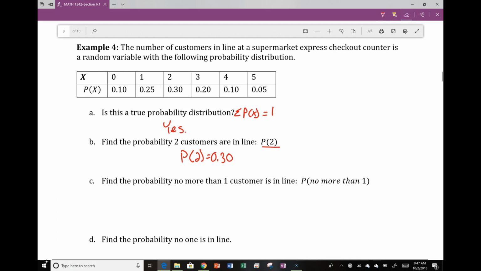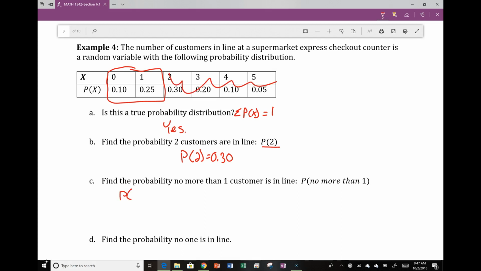Then we want to find the probability that no more than 1 customer is in line. So probability no more than 1. Well, if you think about it, no more than 1 means, okay, I can have 0, or I can have 1, but I can't have anything else.